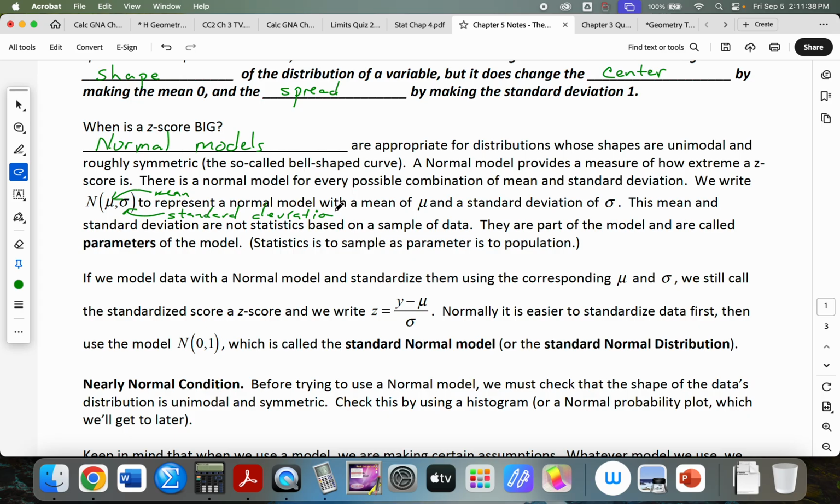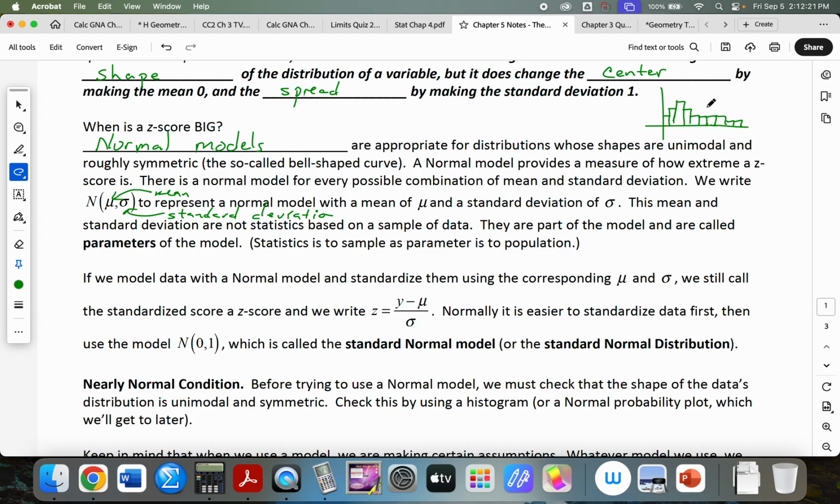So if you try and apply a normal model to something that is not unimodal and basically symmetric, it doesn't work very well. The normal model doesn't apply. So for example, if you have a graph that is badly skewed to one side, like this, the normal model doesn't apply very well to that.